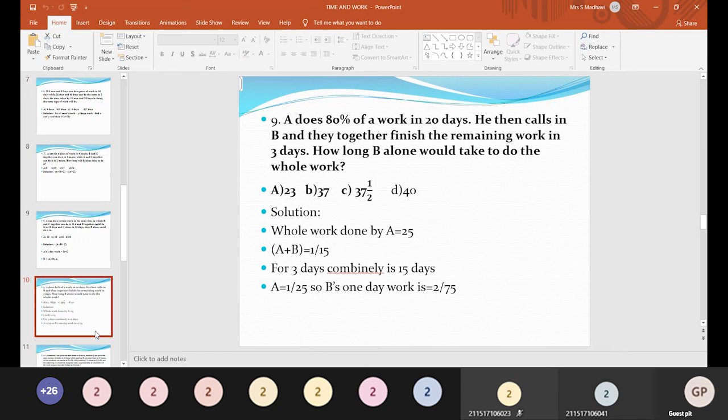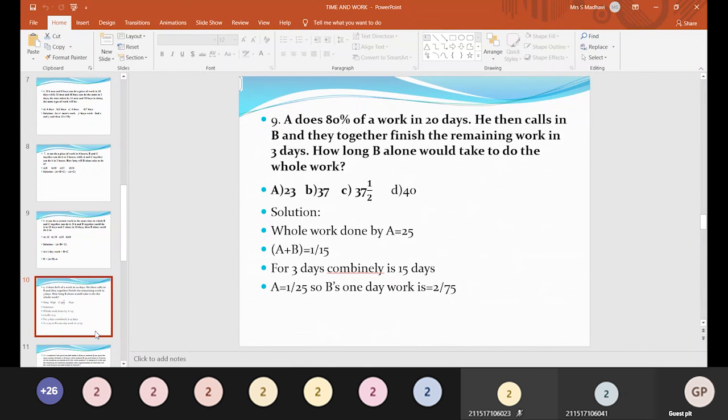So the remaining one fifth of the work is done by A and B together in 3 days; for the whole work, 1 by 5 means the number of days is 5 into 3, it means 15 days. So A and B combinedly can do it in 15 days.